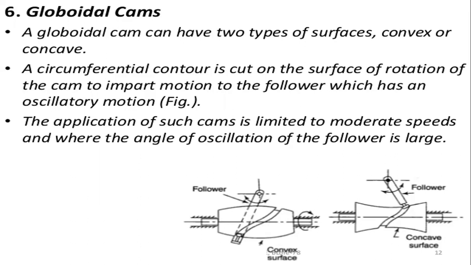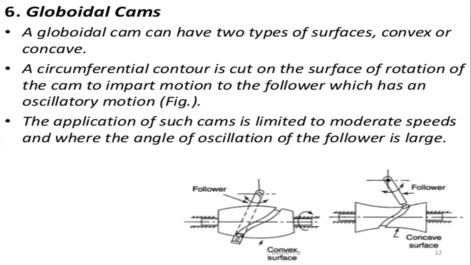So that is based on the type, whether it is convex or concave. And a circumferential contour is cut on the surface of rotation of the cam.